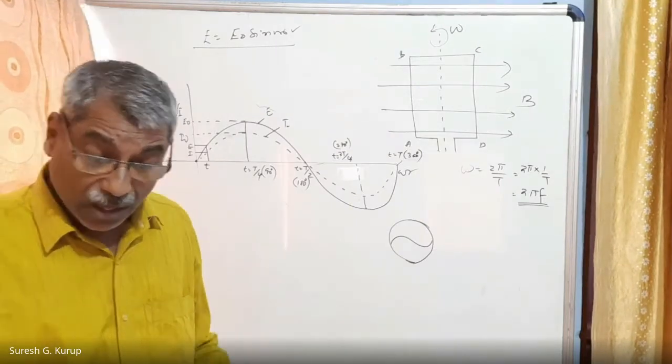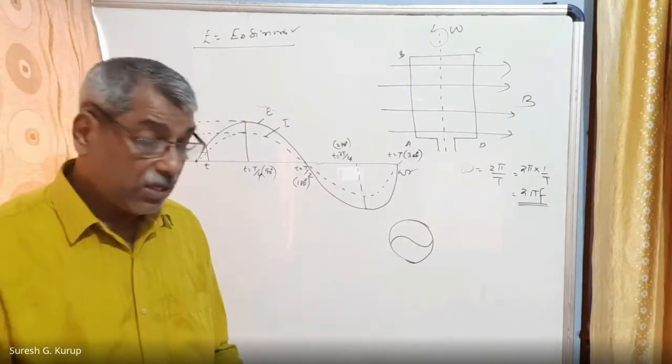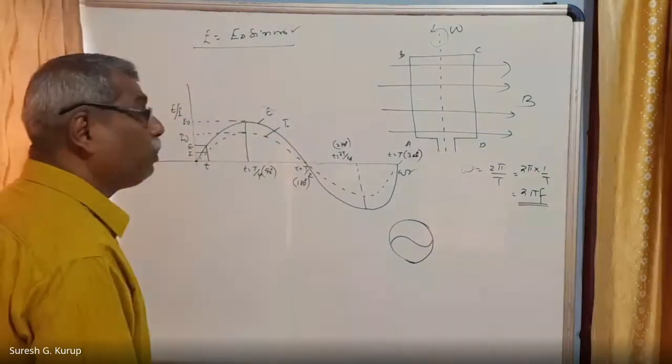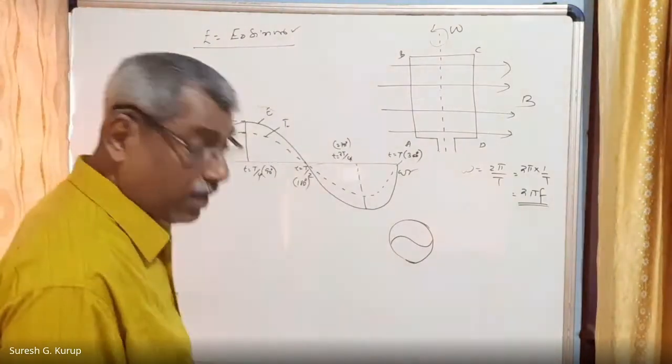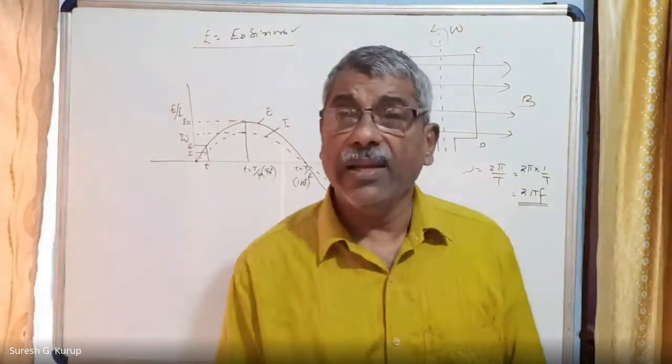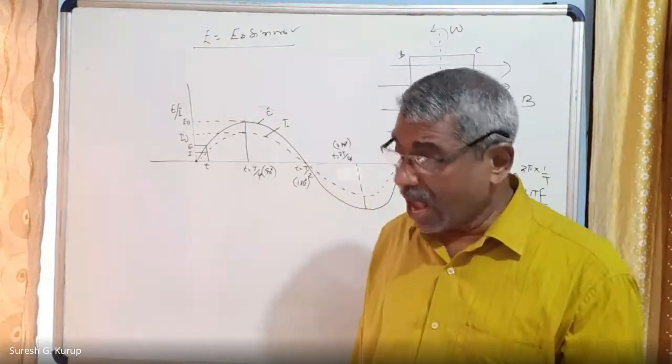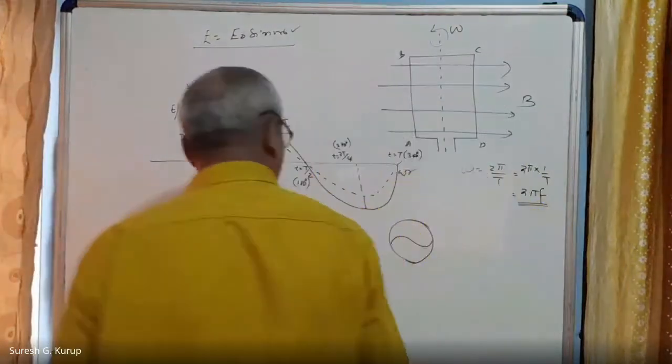There are so many problems that can be asked in this topic. We have already seen that the relation for current is I is equal to I0 sin omega t, and EMF is E is equal to E0 sin omega t. I am going to explain a simple problem here.